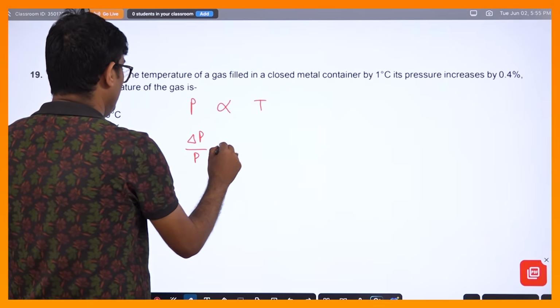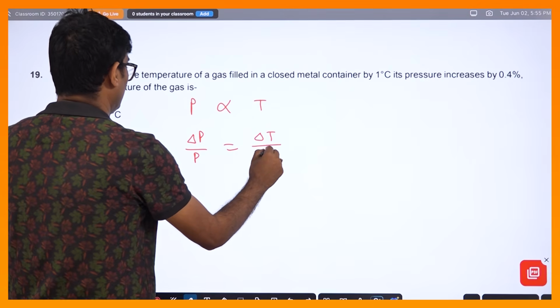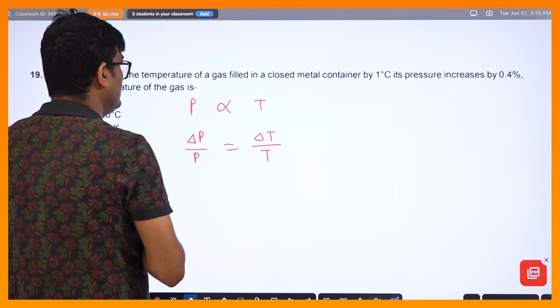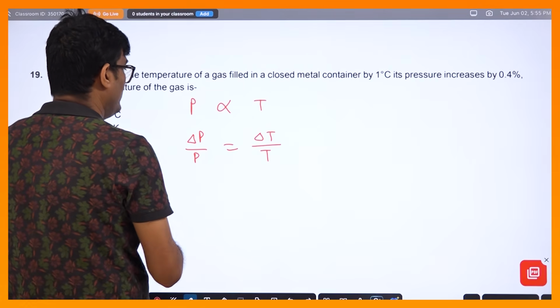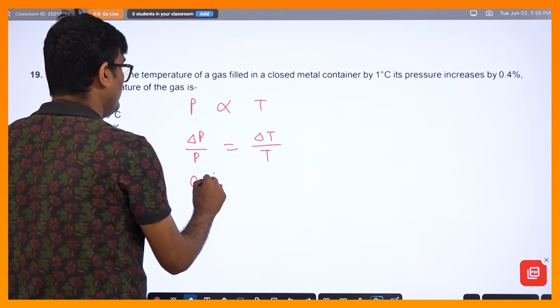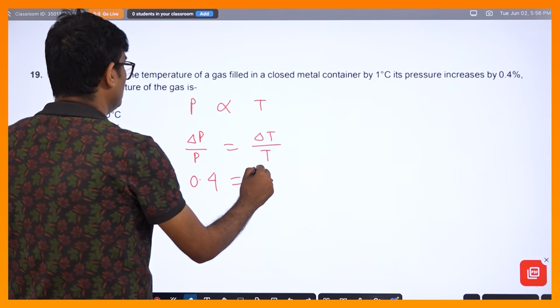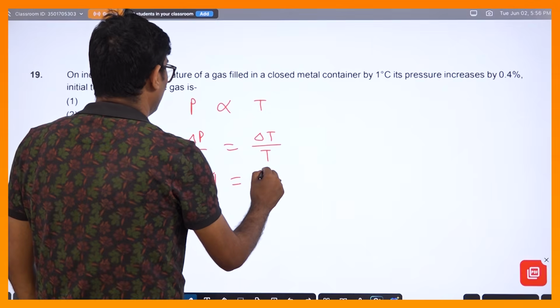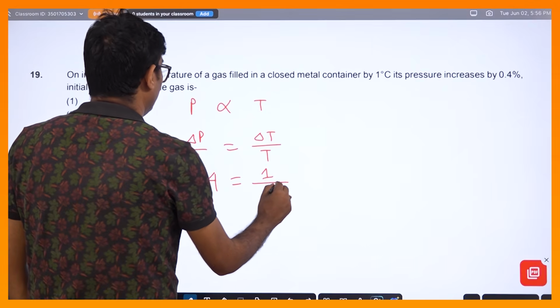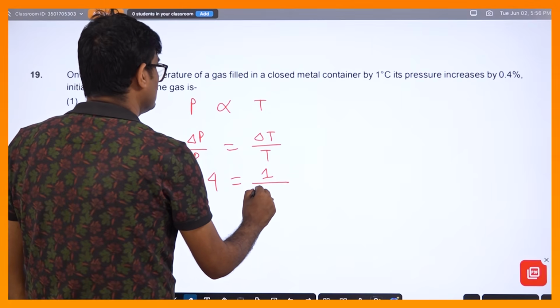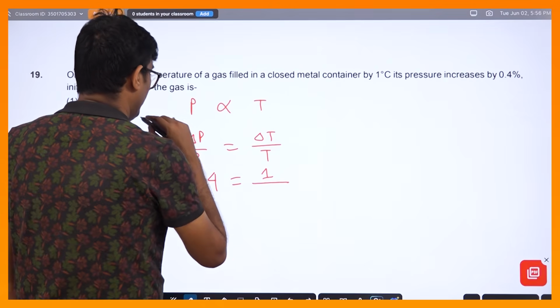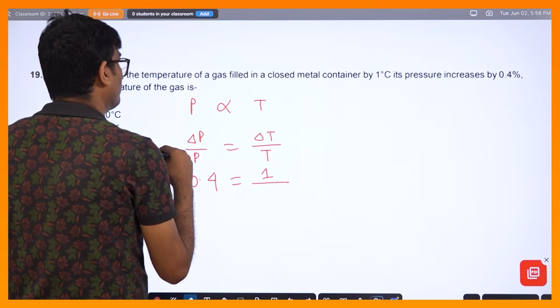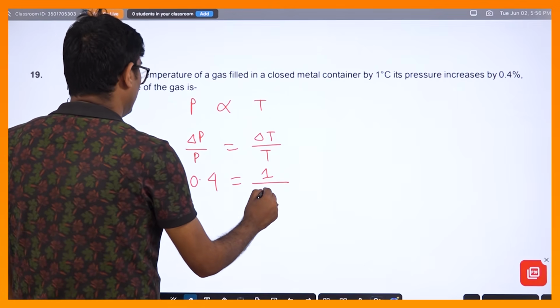So delta P by P is equal to delta T by T, right? It says that pressure increases by 0.4%. So 0.4 equals delta T, which is 1 degree, divided by the initial temperature, right?